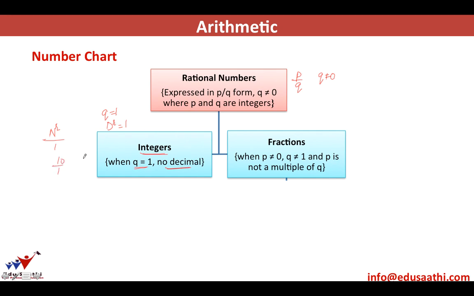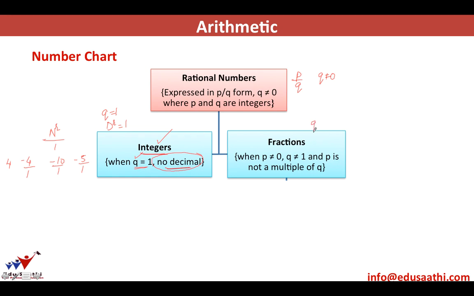So 10 by 1, 5 by 1, 4 by 1, or if I simply write it as 4, all of these are integers. They can be negative as well. The only thing that I have to keep in mind is my denominator is 1, so I get no decimal associated with the number.